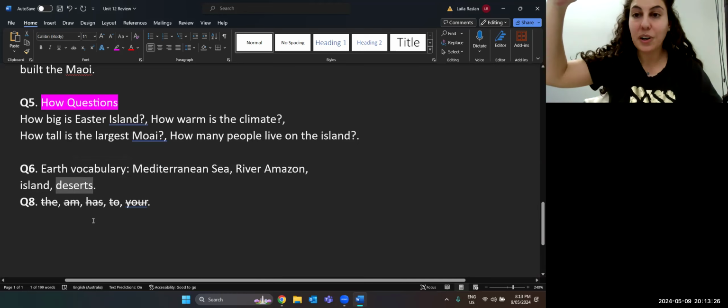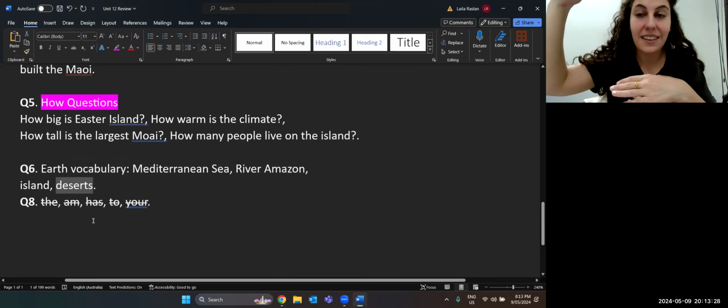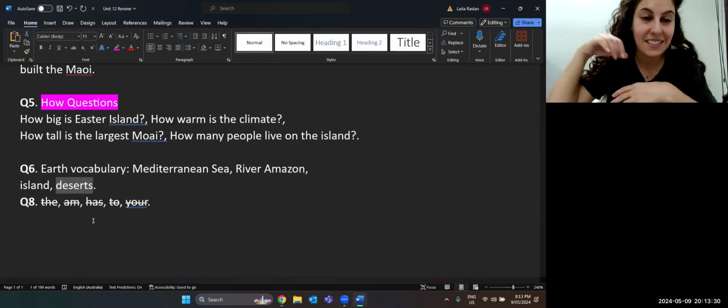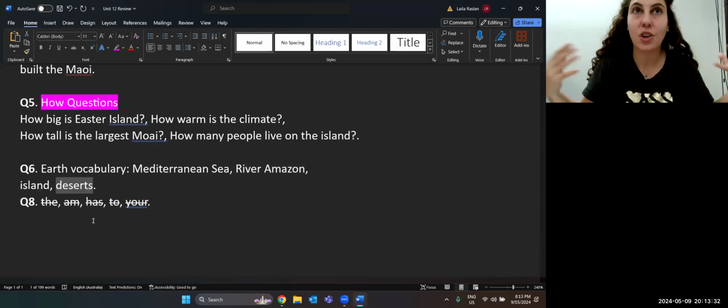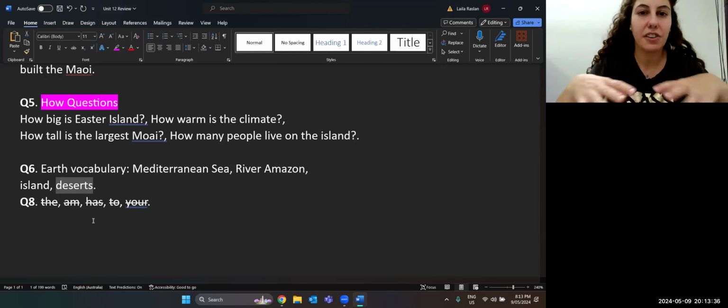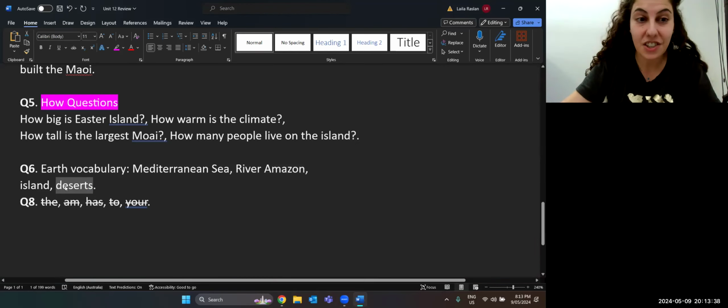So on top of the world and at the bottom of the world, these places are deserts. You would think because it's so cold and there's ice, we always imagine a desert to be very dry, but these places are actually deserts.